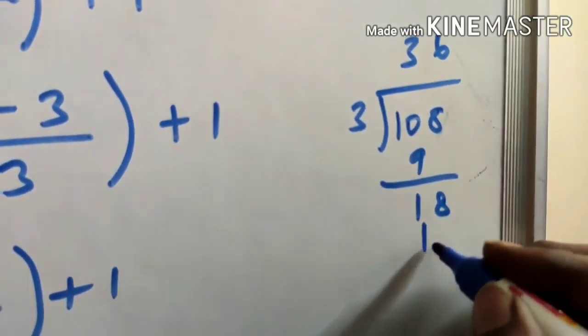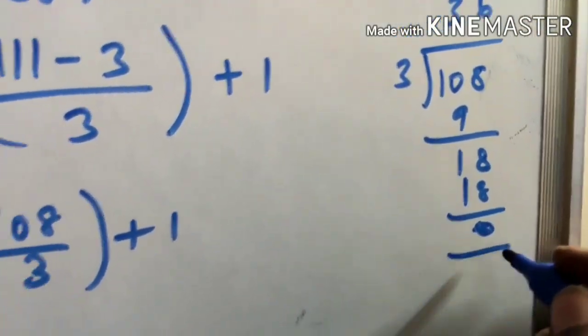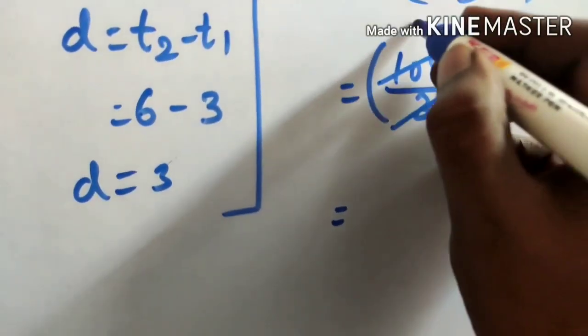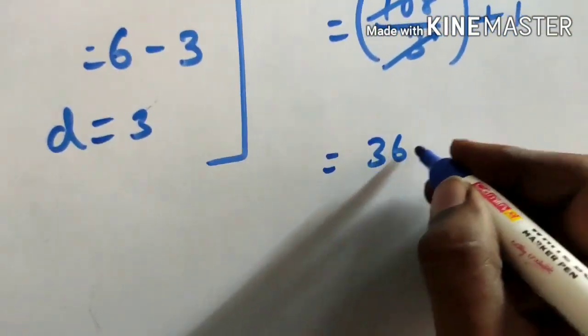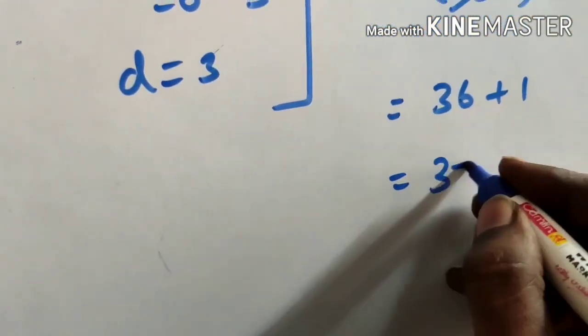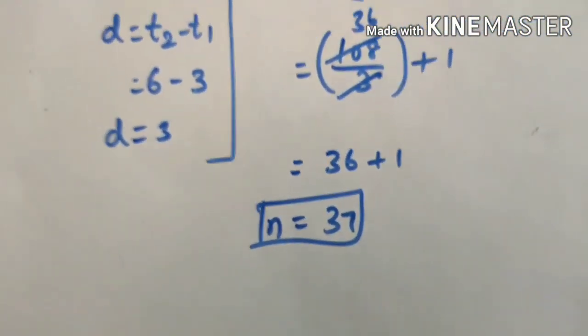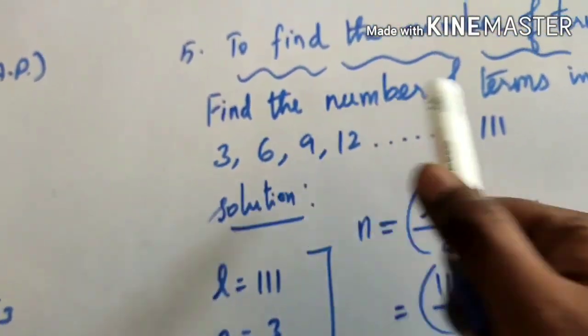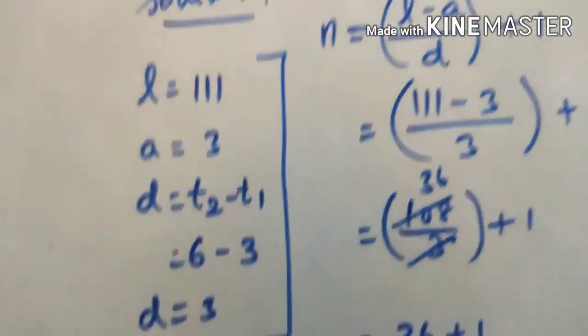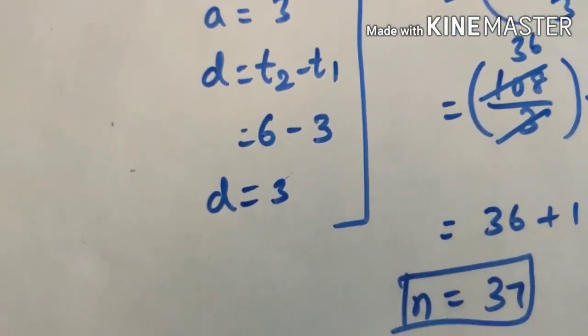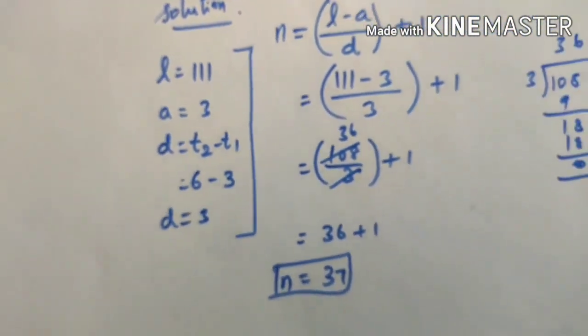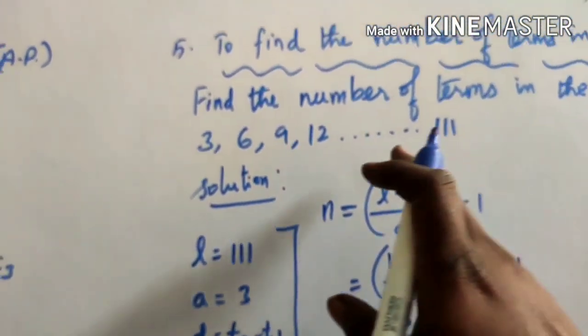So 6 3s are 18. So 36. You are getting 36. So 36 plus 1, you are getting 37. So from 3 to 111, we have totally how many numbers? 37 terms are there. 37 numbers or 37 terms, we can say.